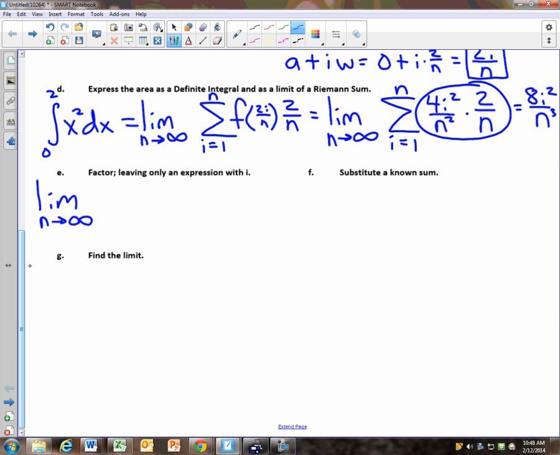So we just need something that has an n in it. So I got the limit as n goes to infinity of 8 over n to the third times the sum from I equals 1 to n of I squared. So the only thing I did differently here is I pulled out the 8 over n to the third, so I just have an I squared there.